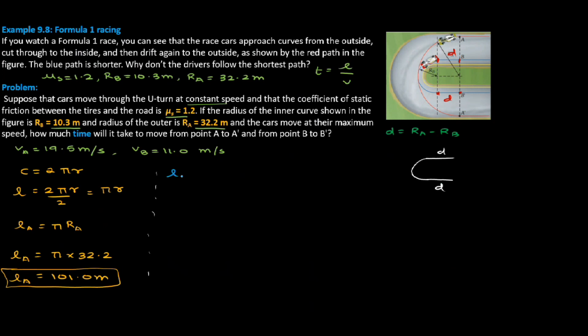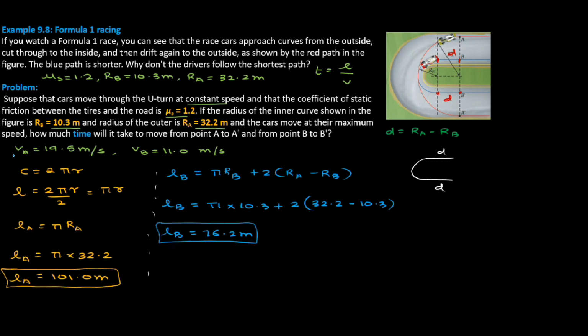So the length LB covered for the blue path will be pi times RB to cover the semicircular region plus 2 times RA minus RB. Solving, LB equals pi times 10.3 plus 2 times (32.2 minus 10.3), which gives LB equals 76.2 meter.